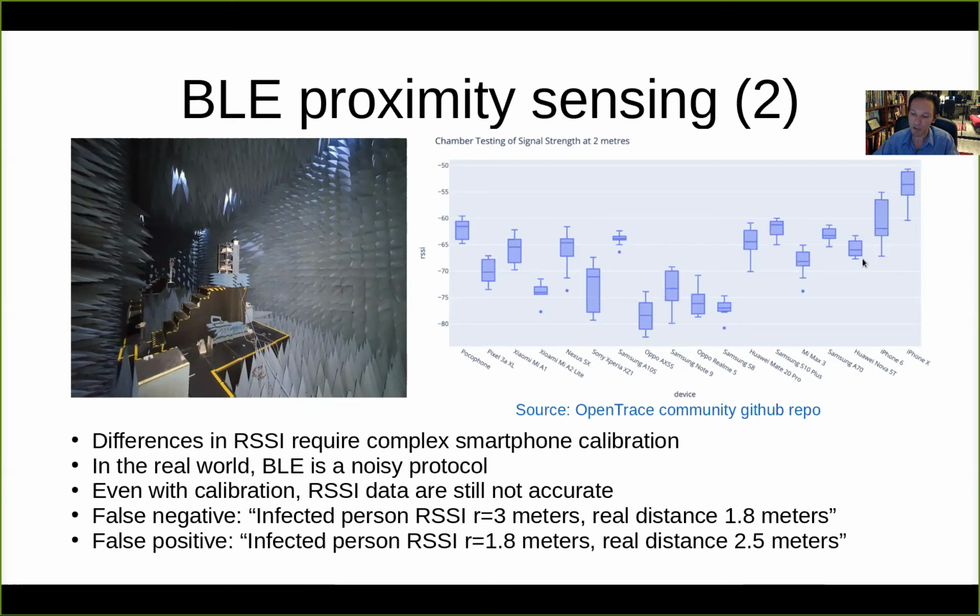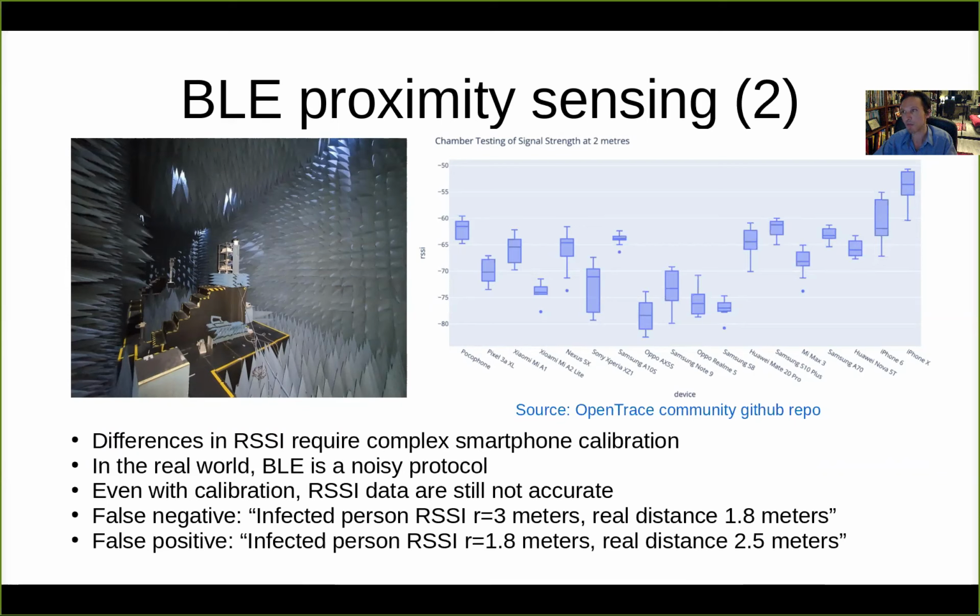So in plain English, this means that BLE proximity sensing can be incredibly unreliable, especially in real-world non-ideal conditions, filling up the collected data set with false positives and false negatives.